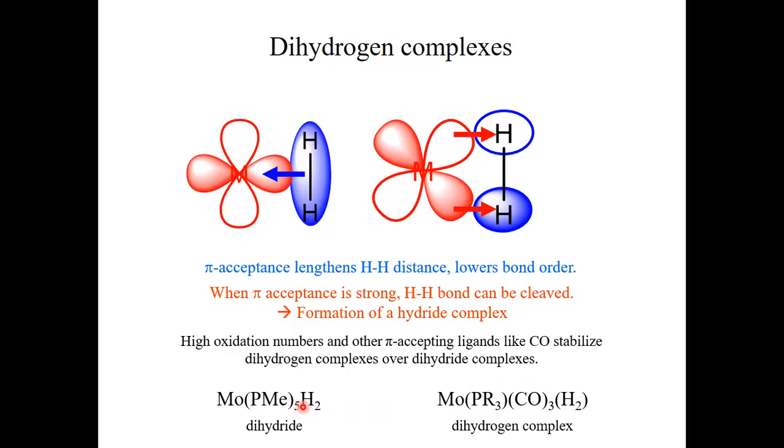So in this case, you have the hydrogen-hydrogen bond cleaved, whereas in this case, the hydrogen-hydrogen bond remains intact, because in this case, you have more pi-accepting ligands in comparison to this case here.